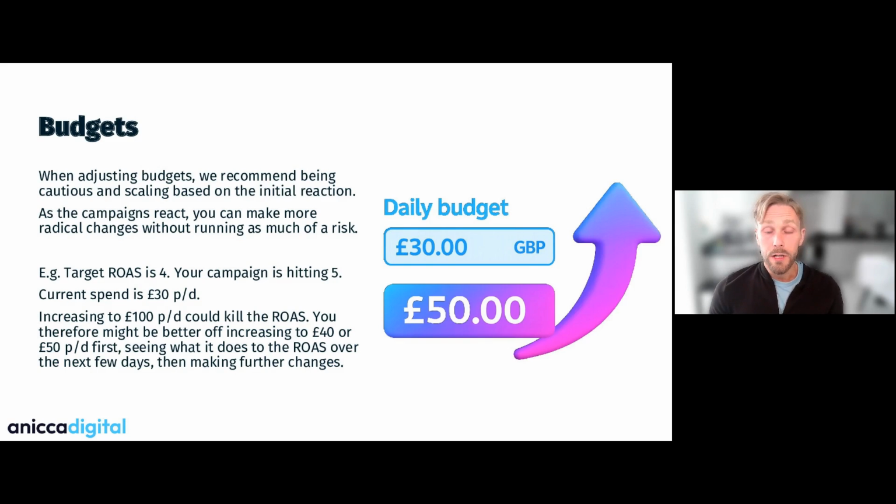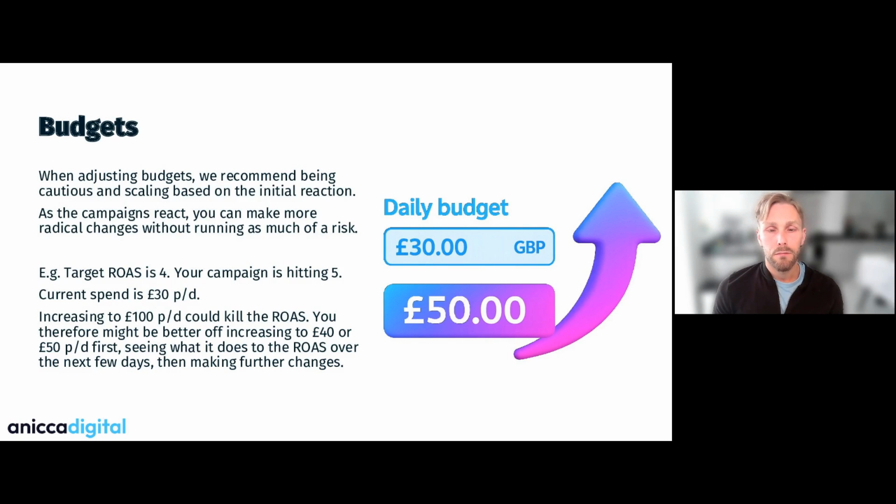When it comes to increasing the budgets, we recommend being quite cautious just to minimize the risk. If you see a good reaction and results and you just throw money at it straight away, often what happens, if we refer to ROAS as the key indicator, is that the ROAS might die because you've scaled up too fast.